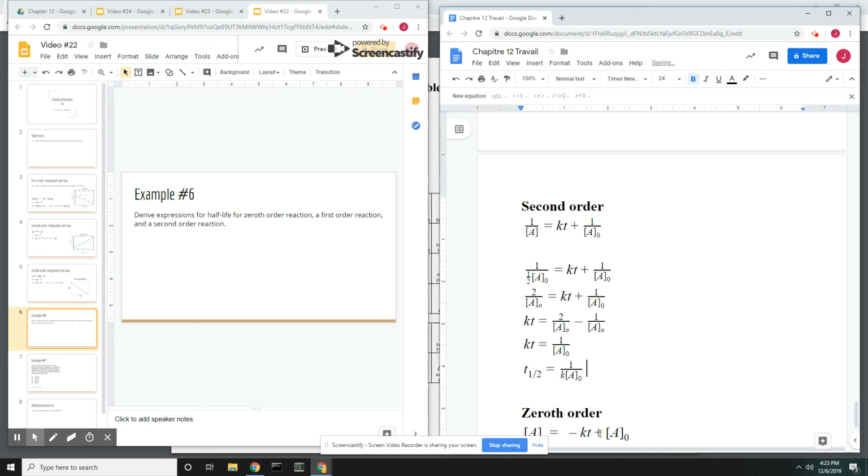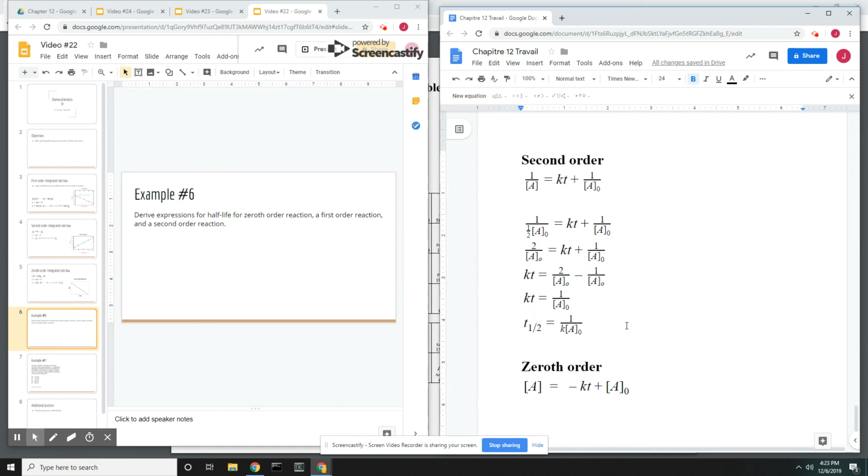Not a little bit, it does change. So that's just something to keep in mind, that it does affect it.